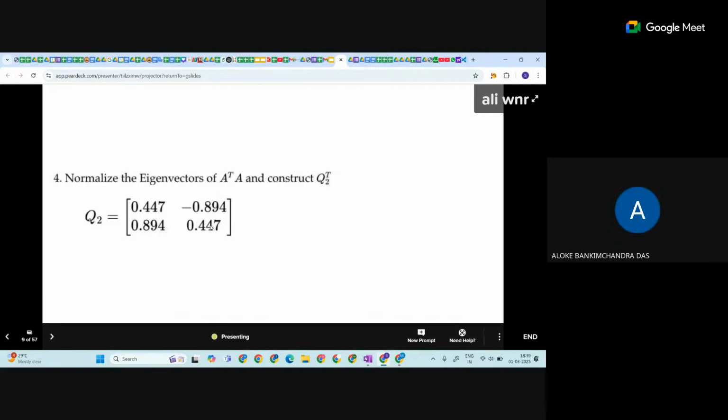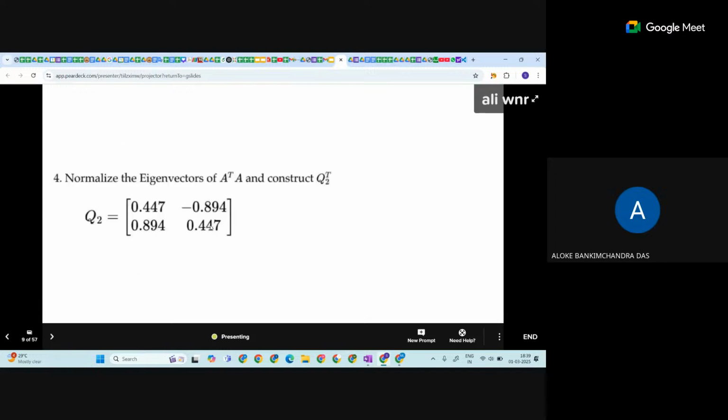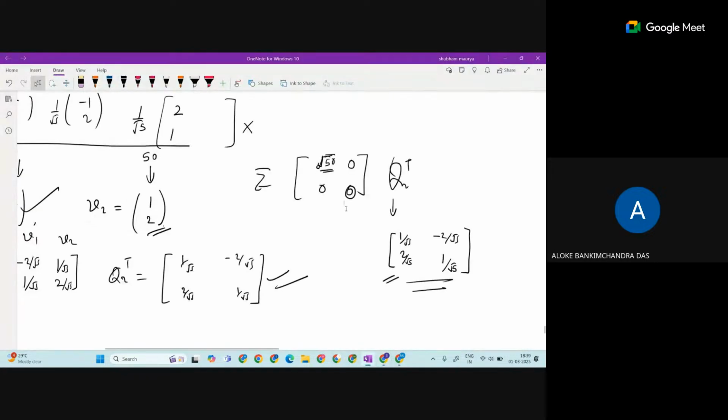If you go slightly up, sir, this corresponds to your handwritten one. Corresponding to this is 1 and 2. So your V1 should be plus 1 by root 5, 2 by root 5, isn't it?